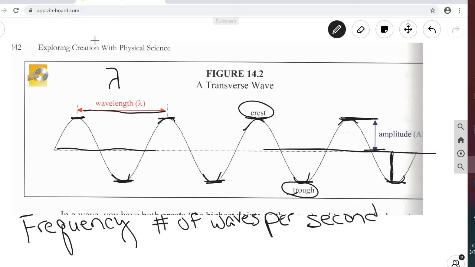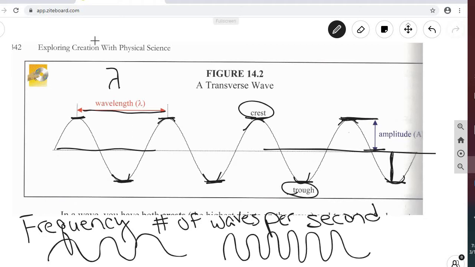For example, if we had a wave that looked like this, and then a wave that looks like this one, obviously there are more waves per second because they're closer together. So this second one would have a higher frequency, and this one would have a lower frequency. So the number of waves per second is frequency.